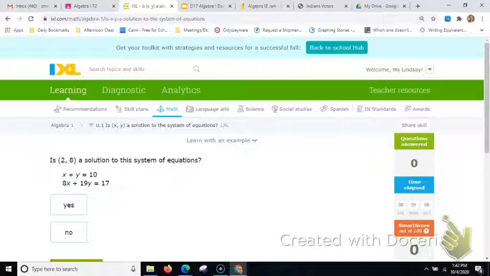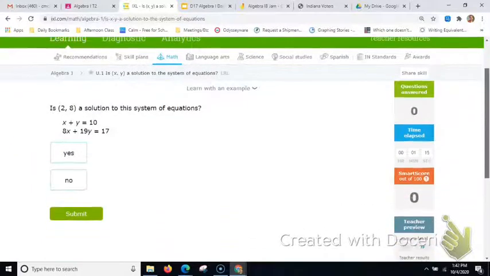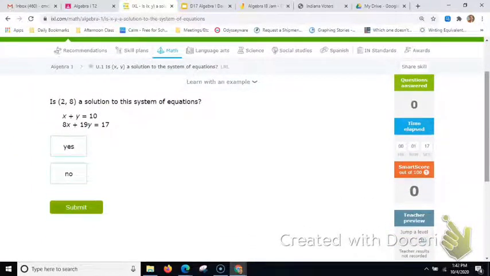So in this case, I have (2, 8), and I want to know if it is a solution to this system of x plus y is 10 and 8x plus 19y is 17. It's probably pretty obvious that if I plug in 2 plus 8, I do get 10, so it works for the first part.